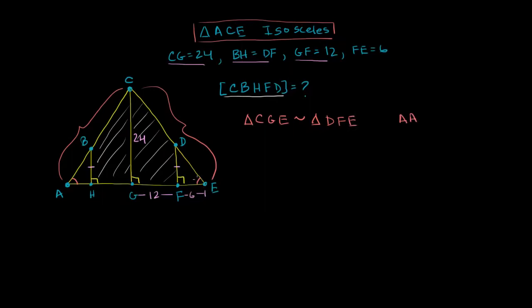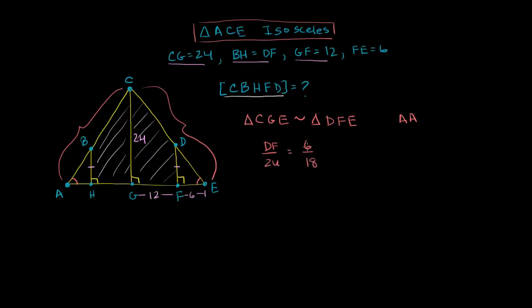And so then once we know that they are similar, we can set up the ratio between sides, because we have some information about some of the sides. So we know that the ratio between DF and this side right over here, which is a corresponding side, the ratio between DF and CG, which is 24, is going to be the same thing as the ratio between FE, which is 6, and GE, which is not 12, it's 12 plus 6, it is 18.